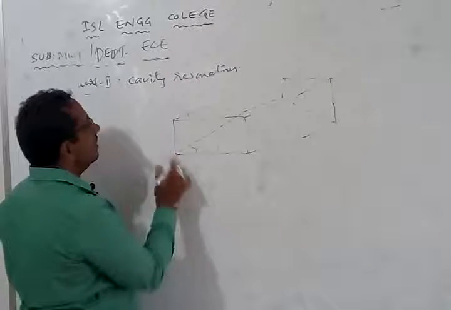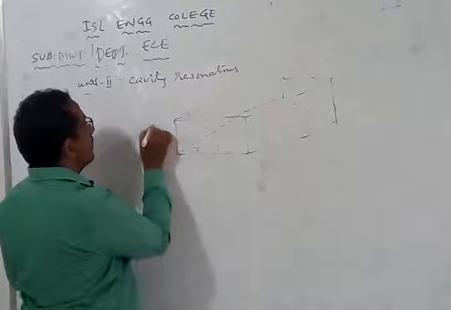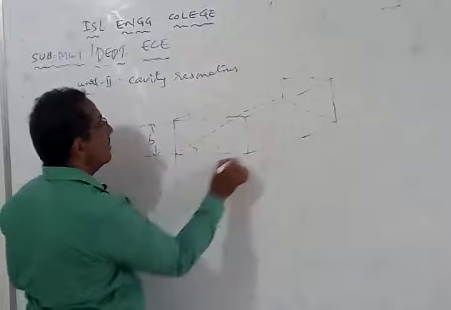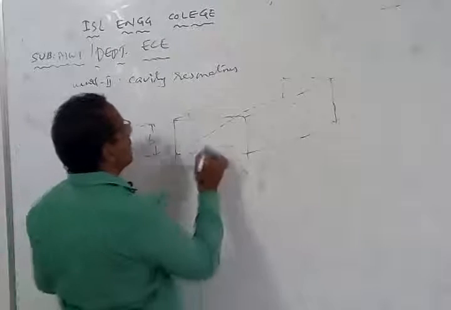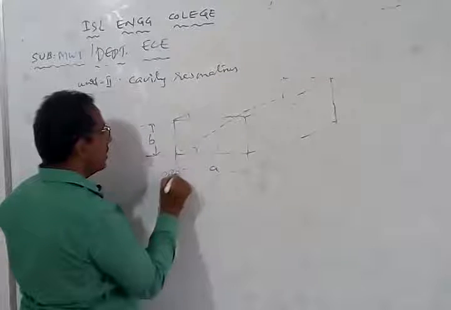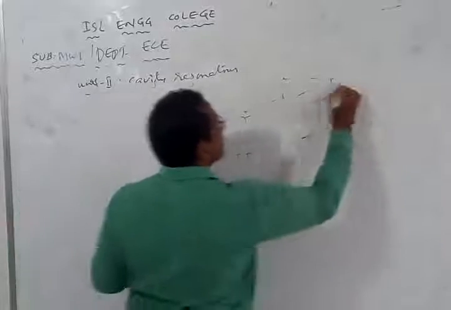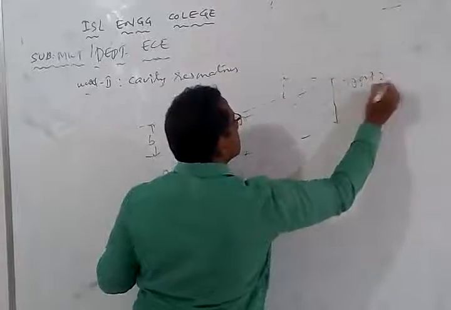This is a rectangular waveguide where the height is equal to b, which we discussed already, and the width, or breadth, is a. This is the input side, port 1, and I can call this port 2.